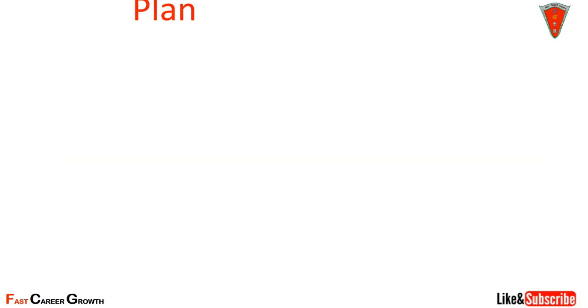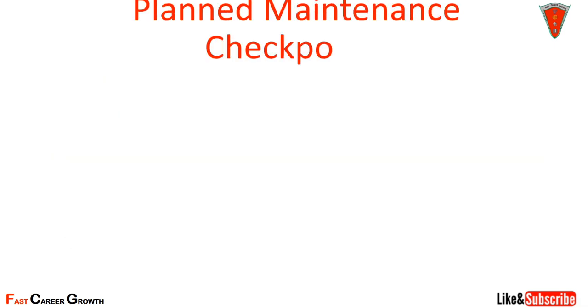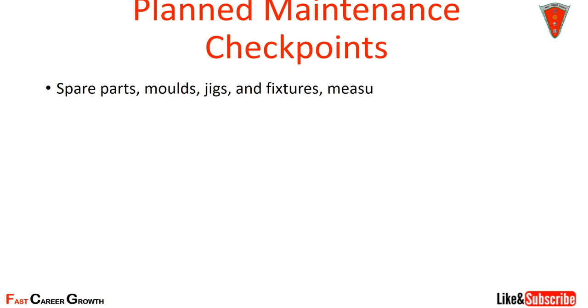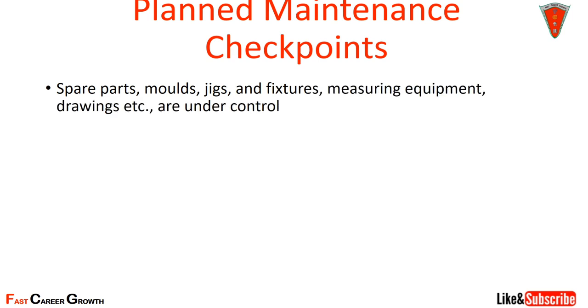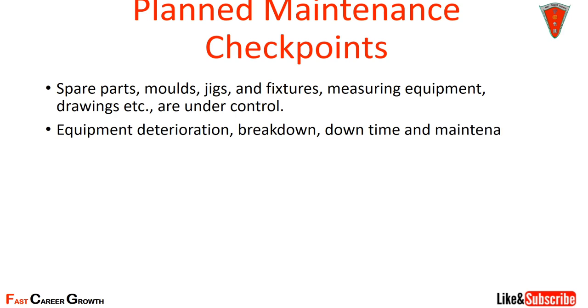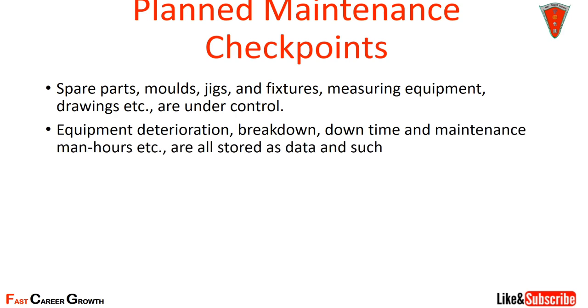Other checkpoints are: spare parts, molds, jigs and fixtures, measuring equipment, and drawings should be under control. Equipment deterioration, breakdown, downtime, and maintenance man-hours are all stored as data and such data is adequately utilized.